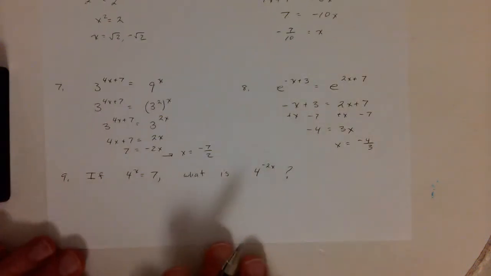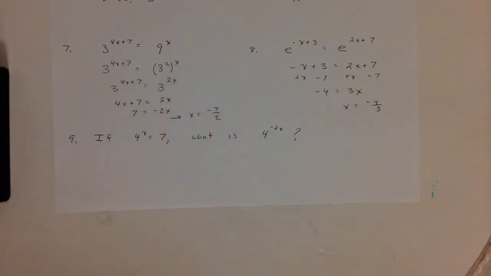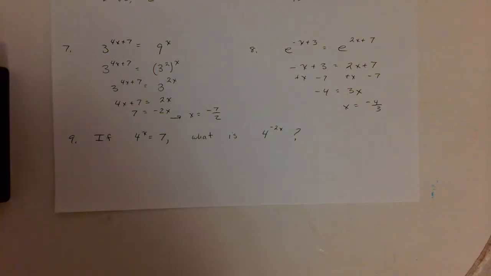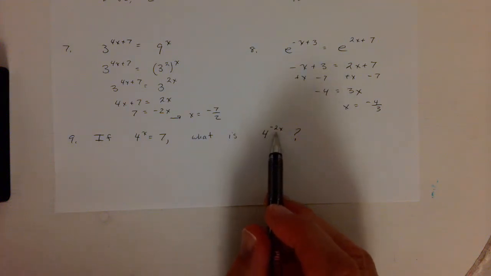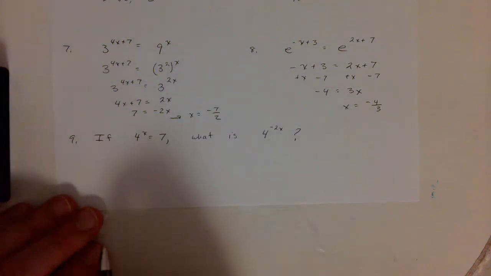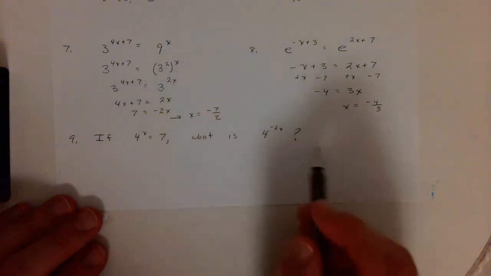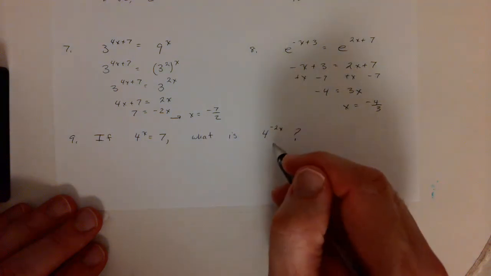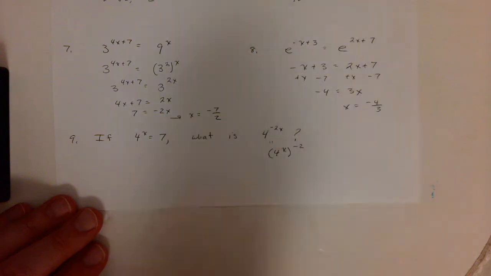And then just to show, you should be able to do a problem like this. This will come in your homework. And here it says, if 4 to the x equals 7, what is 4 to the minus 2x? You don't necessarily have to know what x is to know what 4 to the minus x is, or 4 to the minus 2x, because 4 to the minus 2x is the same thing as 4 to the x raised to the minus 2, right?